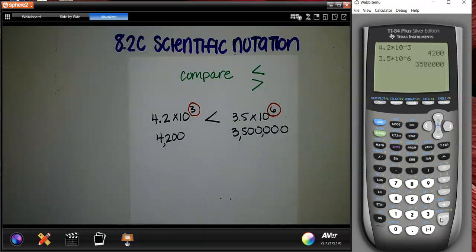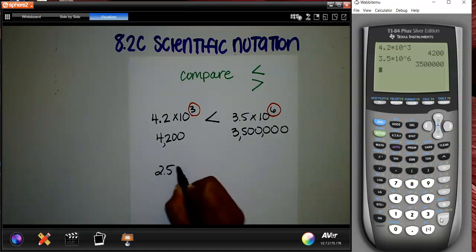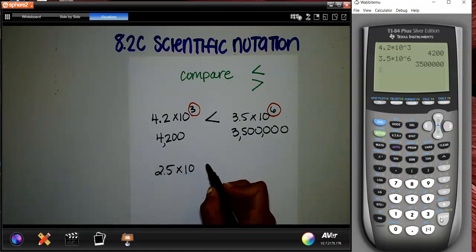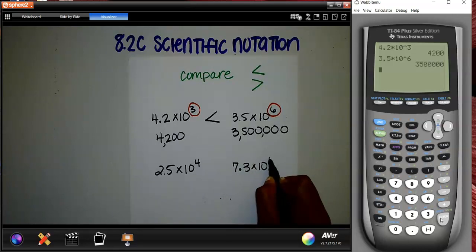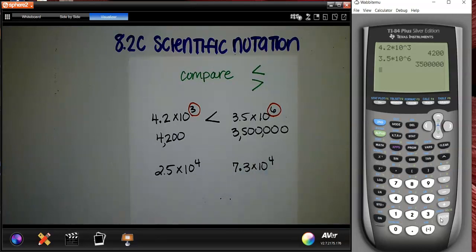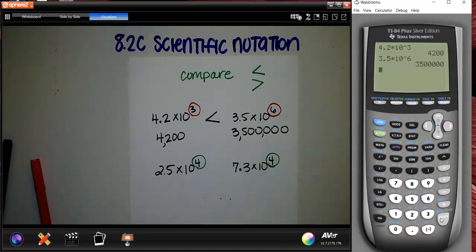What if the exponents were the same? So what if I said 2 and 5/10 times 10 to the power of 4 versus, let's say, 7 and 3/10 times 10 to the power of 4. Now here, I can't just look at their exponents to compare them because they have the same exponents.